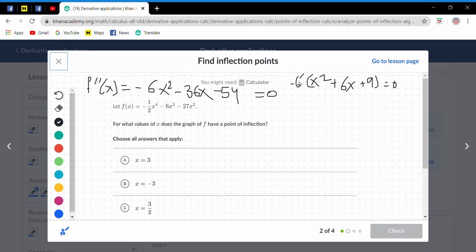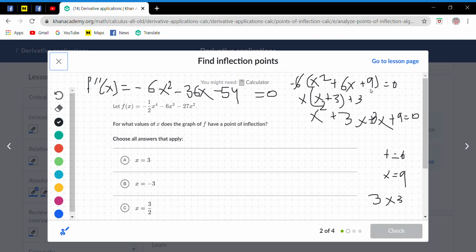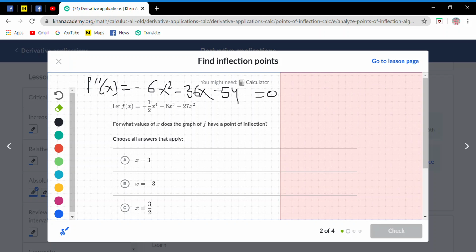We can divide both sides by negative 6 to get rid of this. So the sum is 6 and the product is 9, which we can do with 3 times 3 and 3 plus 3. So this becomes x squared plus 3x plus 3x plus 9 equals 0, so x times x plus 3 plus 3 times x plus 3, which becomes x plus 3 squared equals 0.